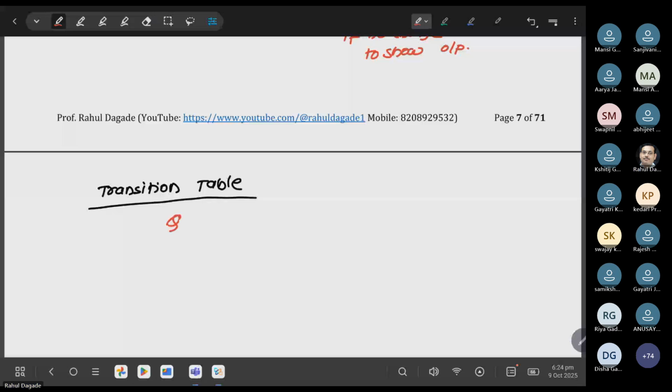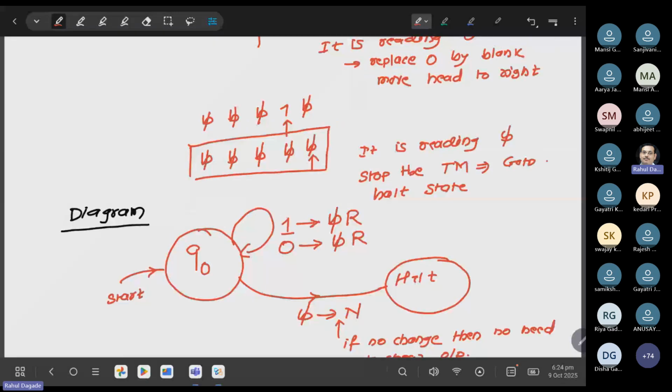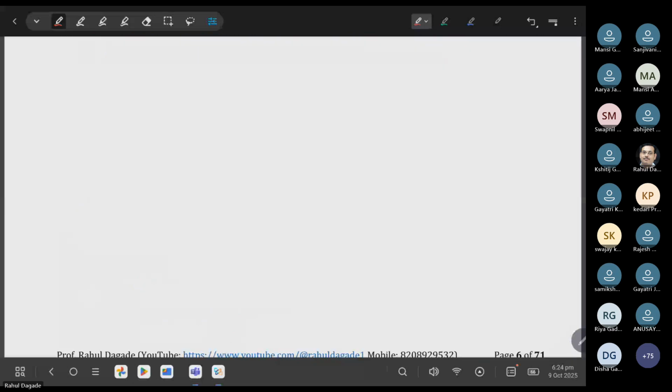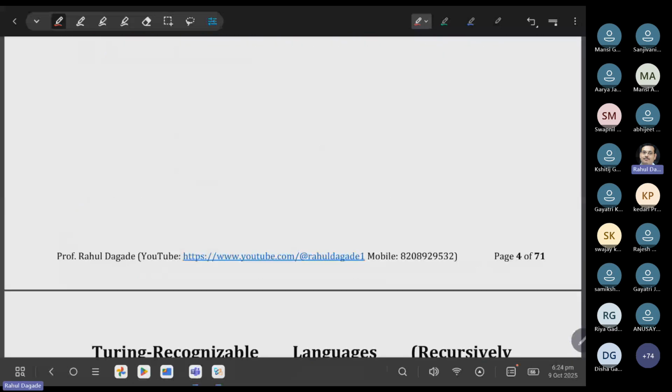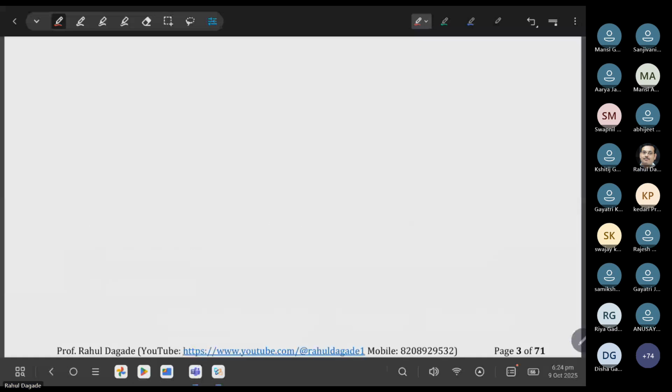The delta function is Q cross tau gives Q cross tau cross left, right, or no movement.